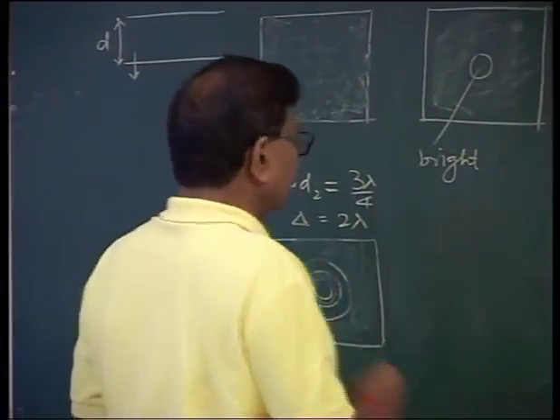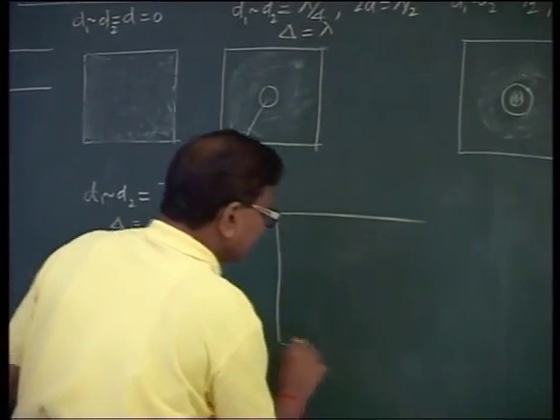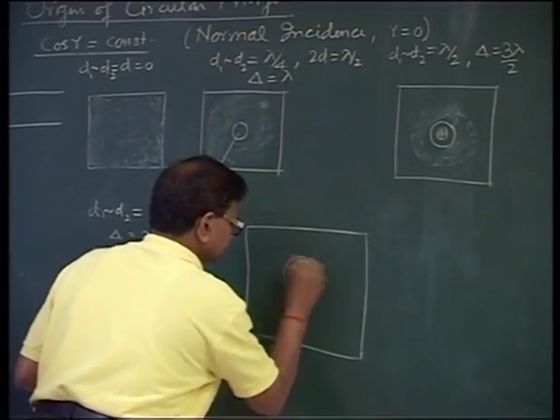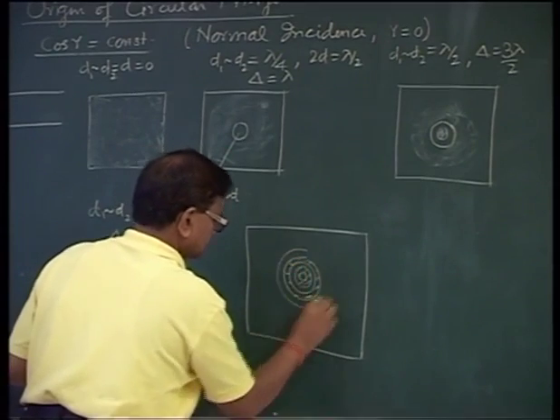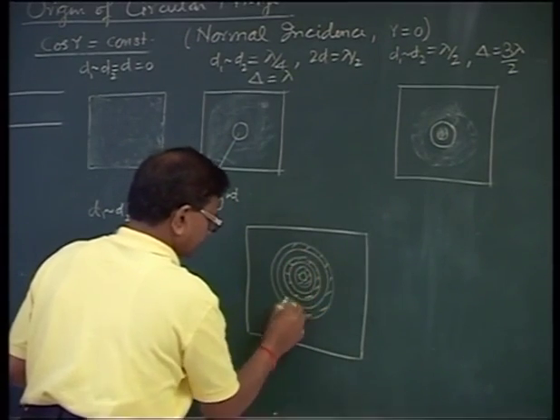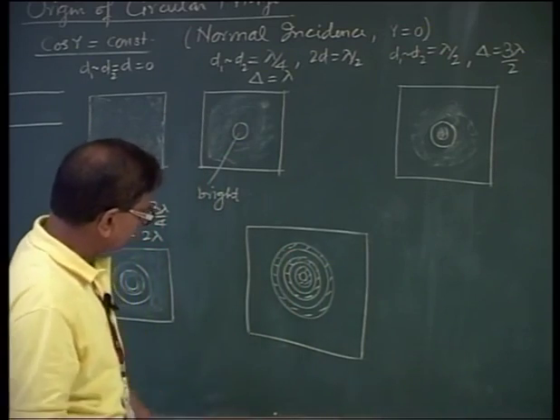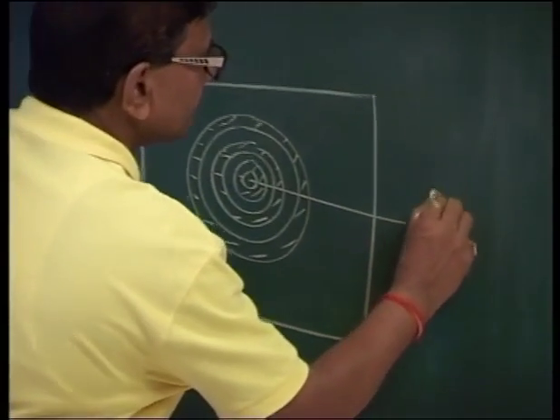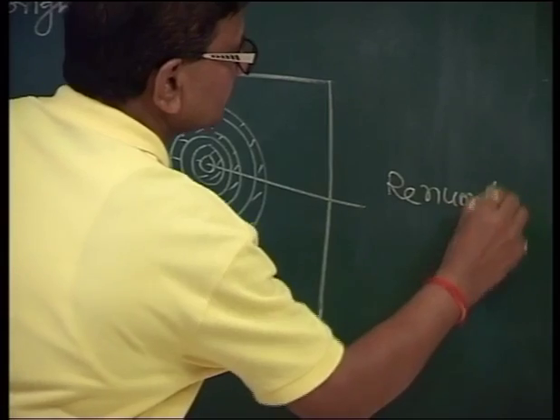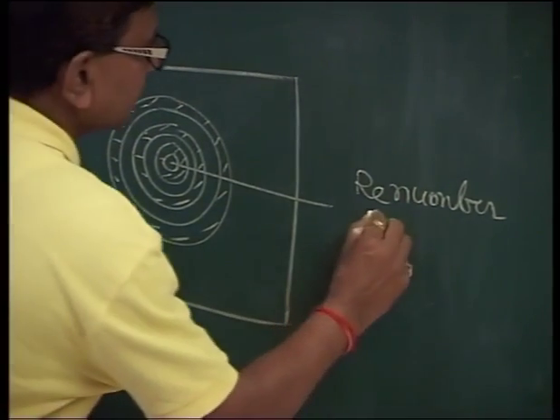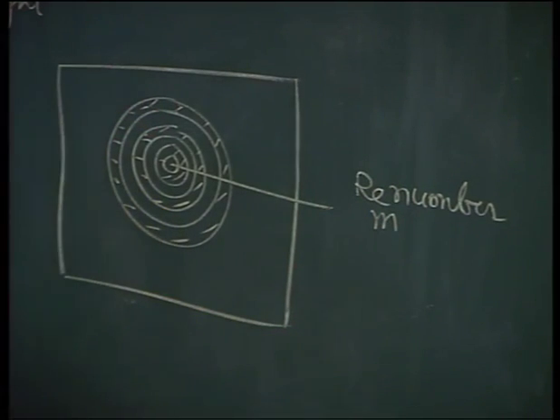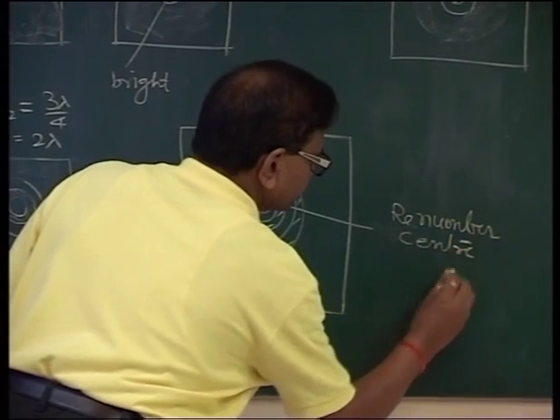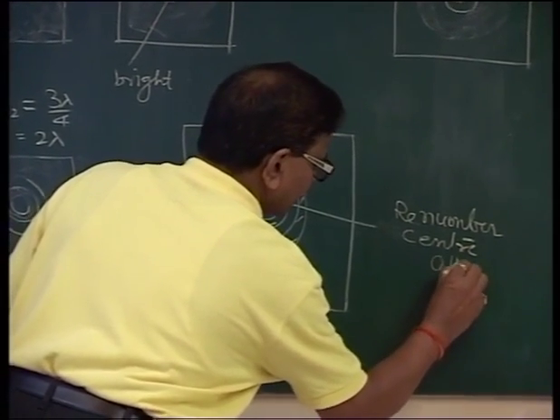Therefore, what do we do? Let us consider a ring pattern. This is of course not to scale. The ring at the center, we renumber it and call it the 0th order ring.